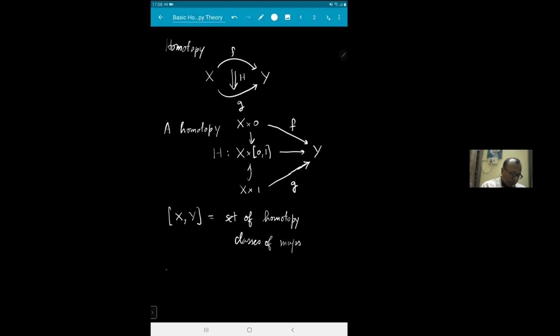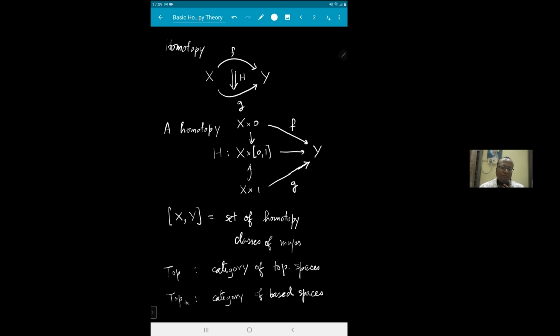Also, some notation: we always use Top, which denotes the category of topological spaces, and we also use, actually we will use this more often, Top star, the category of based topological spaces, so topological spaces with a base point. So if I want to talk about homotopy of maps in Top star, that will be homotopy of based maps.